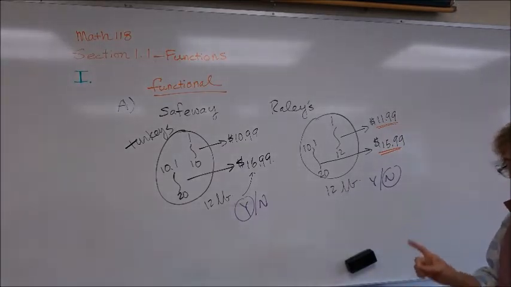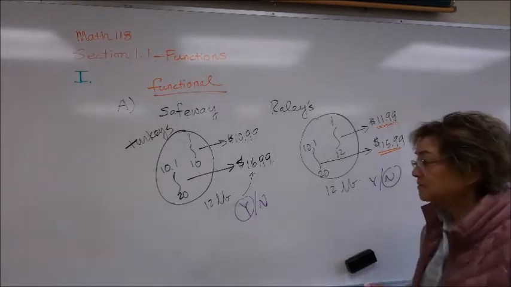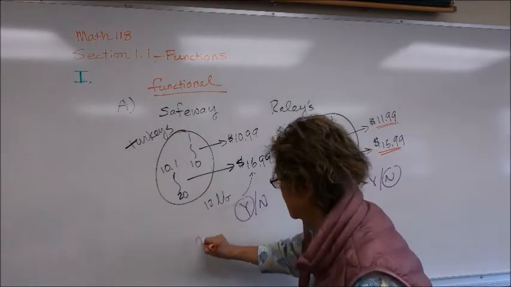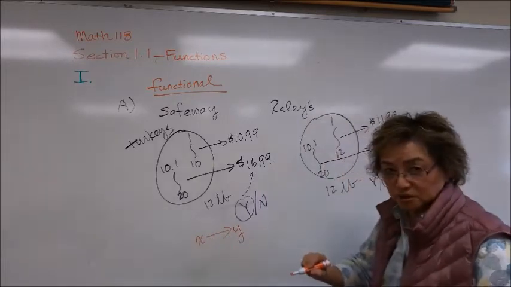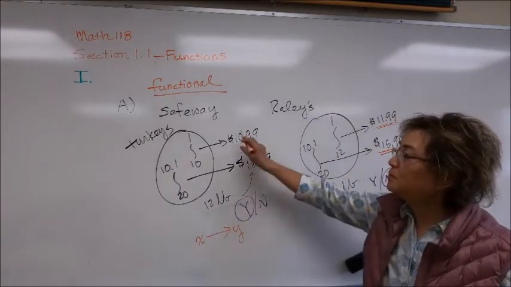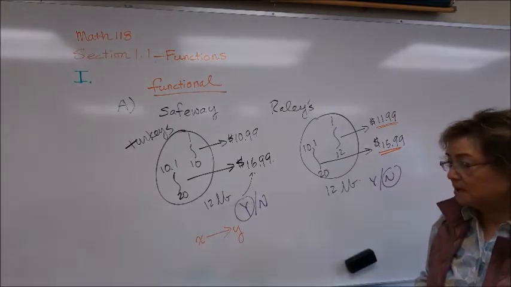So for math, we say something we call X, something we call Y. X is how many pounds of turkey, Y would be your value, the price, okay?